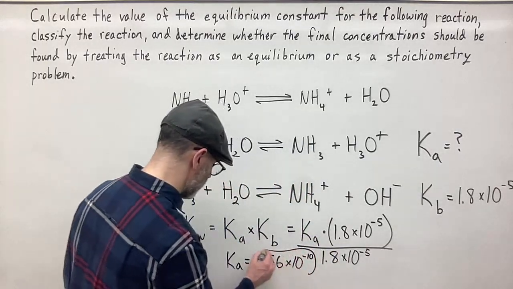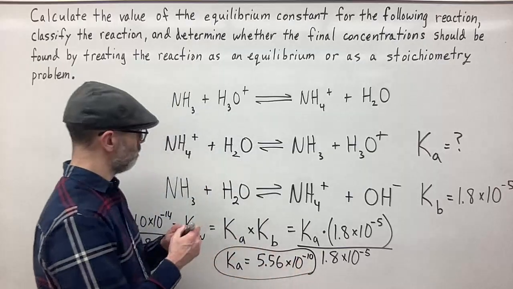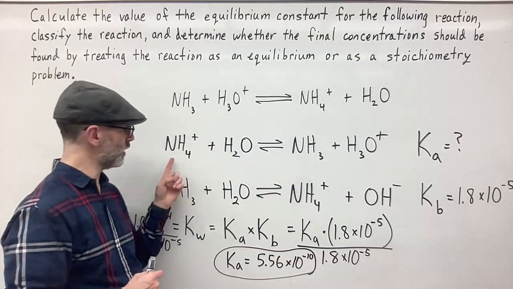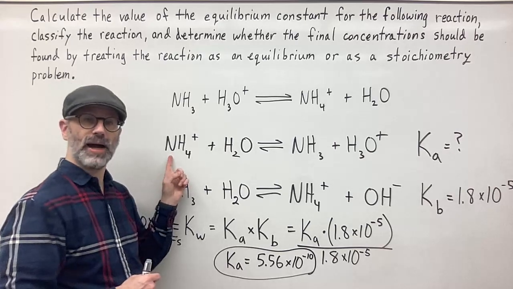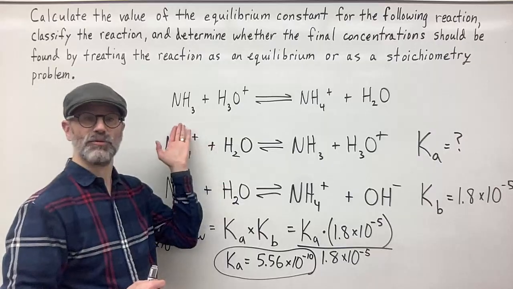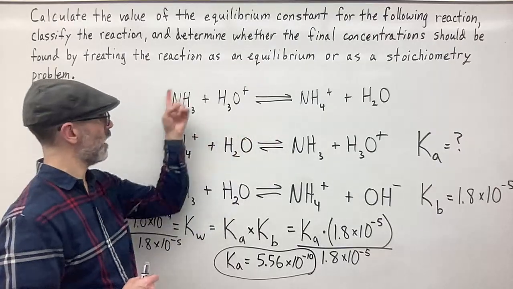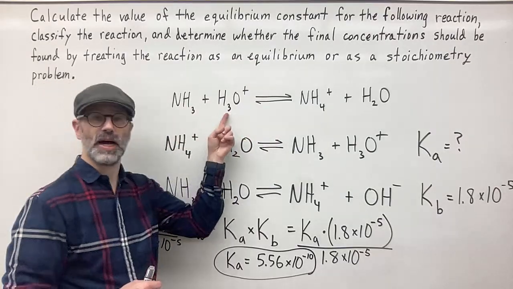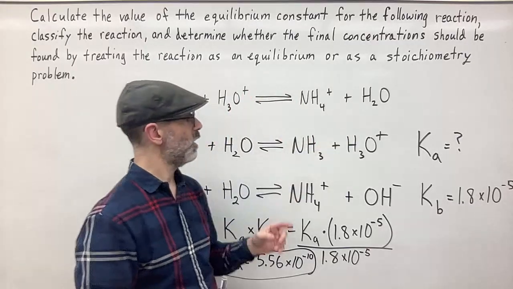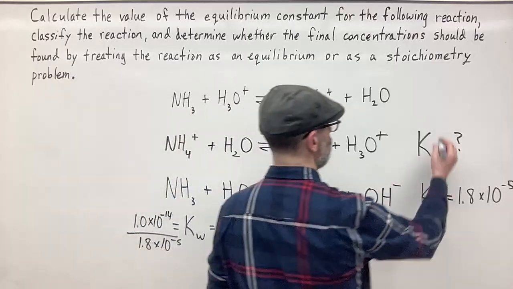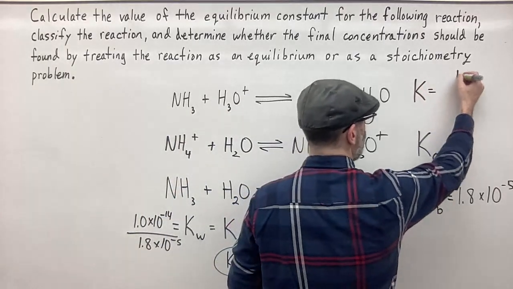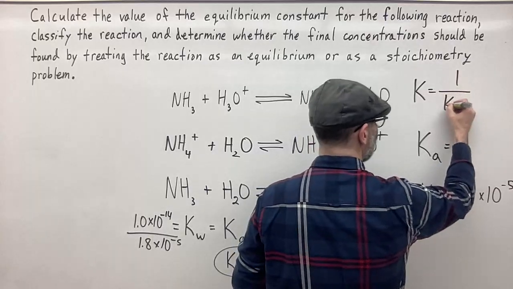But that Ka value is for this reaction here, the conjugate acid reacting with water. But what we want to find is the reverse reaction, where you have ammonia plus the hydronium ion giving you ammonium plus water. So as I said here, the K value for this reaction is going to be 1 over Ka.